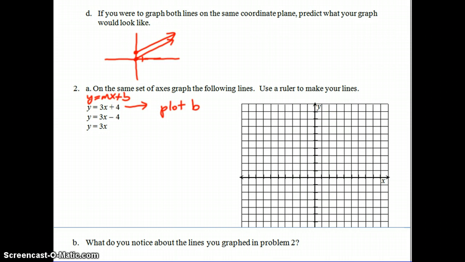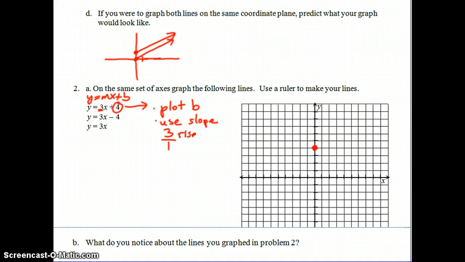Okay, in this case b is 4, so we plot 4 on the y-axis. That's our y-intercept. And then the second step is to use the slope to plot the second point. In this case, our slope is 3, okay, or 3 over 1.